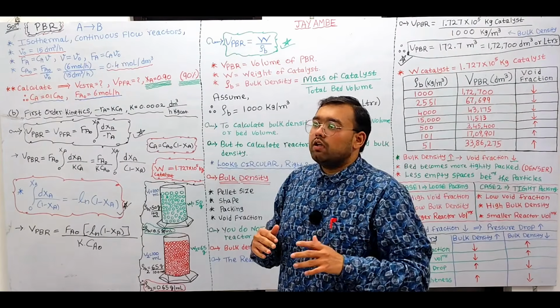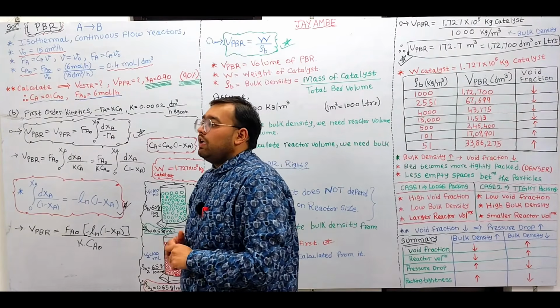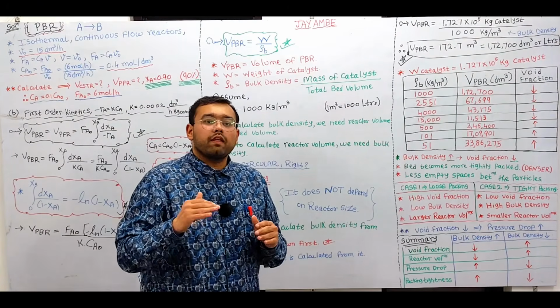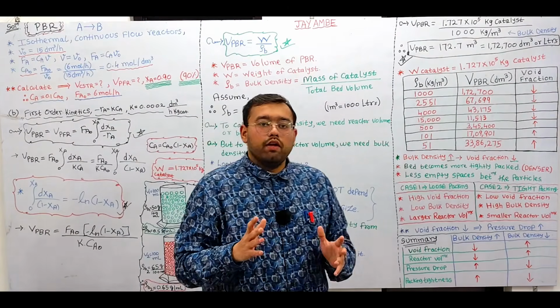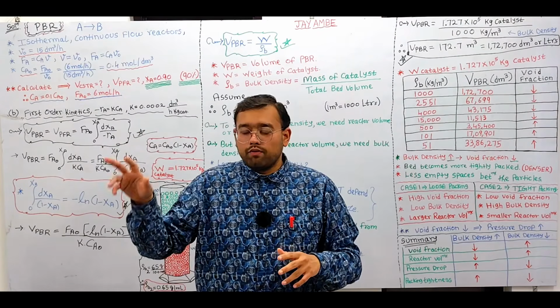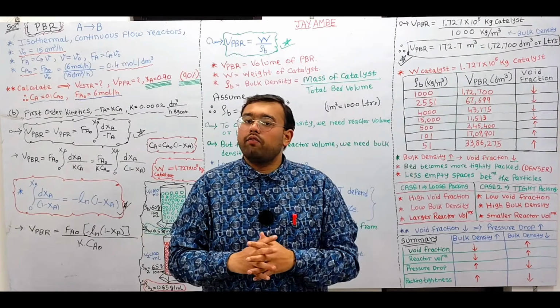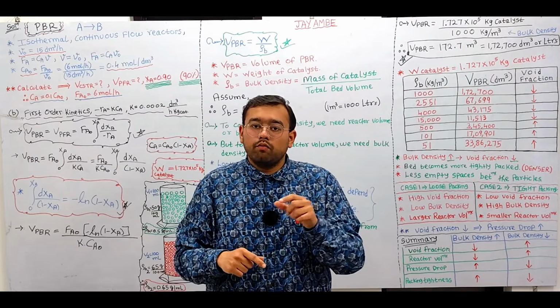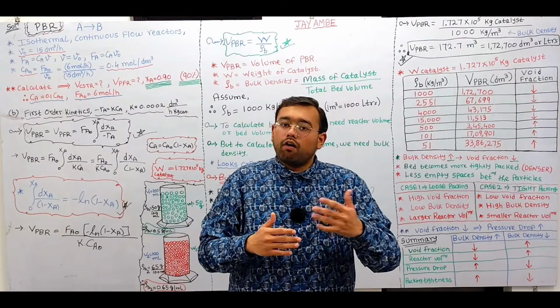Now, what if we have the same dimensions for both reactors, the plug flow reactor and the Packed Bed Reactor? Same dimensions means the same length, width, and breadth of the reactor.